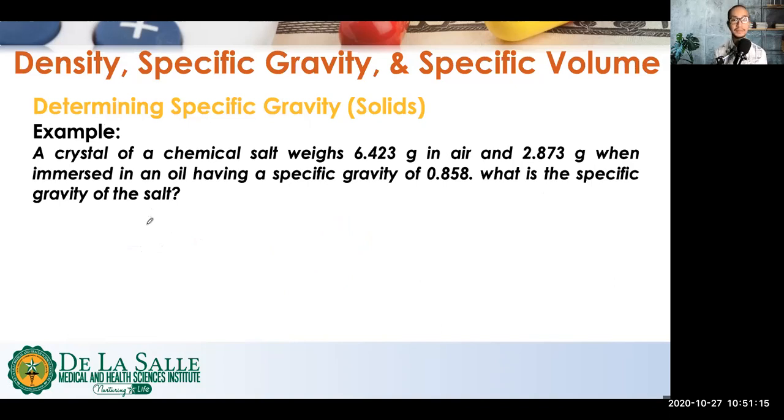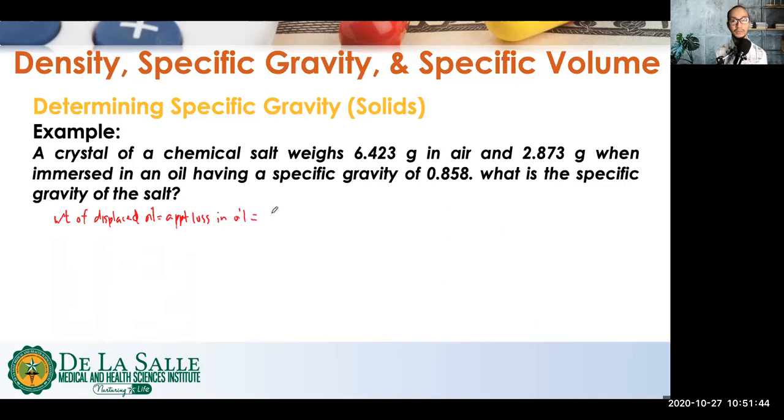So what can we first determine? We can first determine the weight of the displaced oil. The weight of the displaced oil is the same as the apparent loss in weight of the salt in oil.